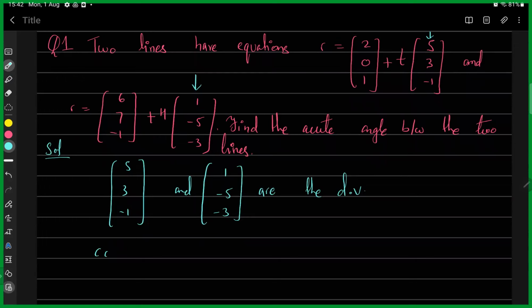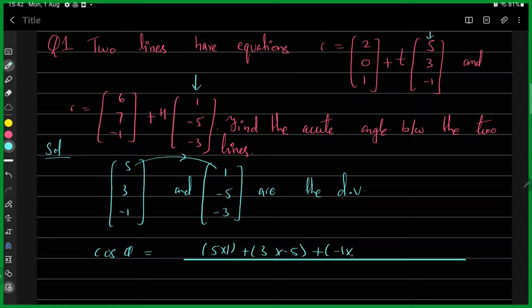So cos theta is equal to the fraction where in the numerator we have the product. So it is 5 multiplied by 1 plus 3 multiplied by minus 5 plus minus 1 multiplied by minus 3. And the denominator is the product of the two magnitudes of the two direction vectors. So root of 5 squared plus 3 squared plus minus 1 squared, that's 1, multiplied by root of 1 squared plus minus 5 squared plus minus 3 squared.